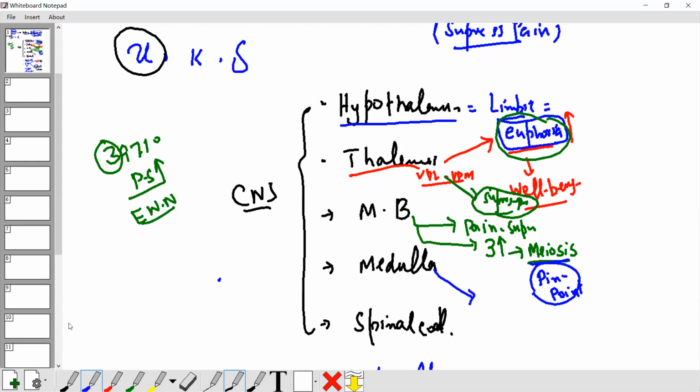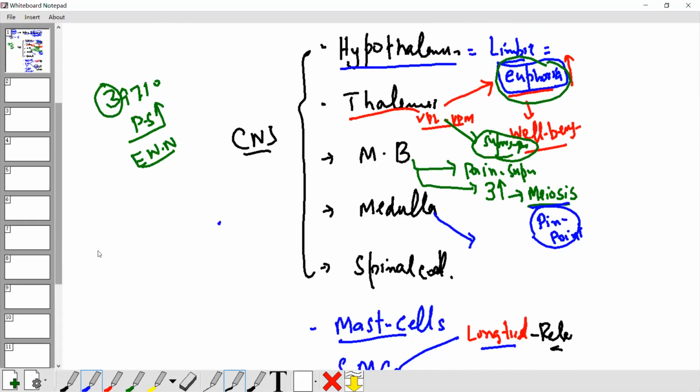Now come to medulla. What does the mu receptor do in medulla?